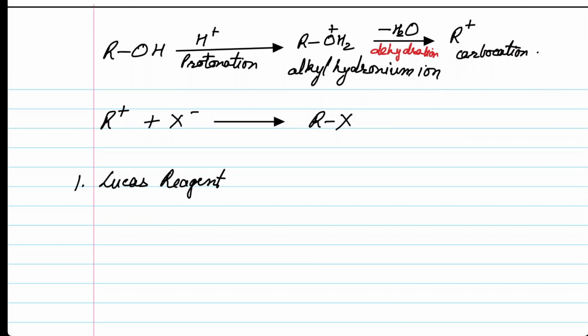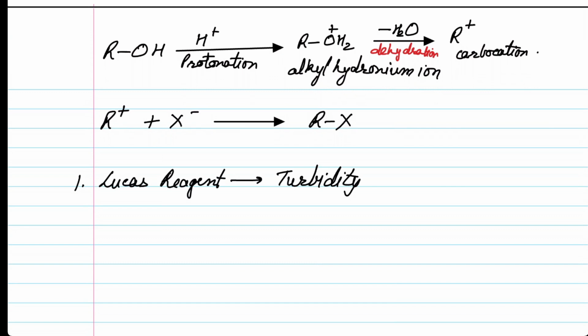This leads to the formation of turbidity. Turbidity can be considered to be the unclear system that we obtain when the alkyl halide is formed. It could be similar to the appearance of oil in water. So when oil is put into water, it makes the system turbid or unclear. So that is what we get as turbidity.